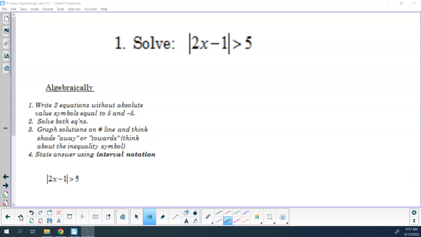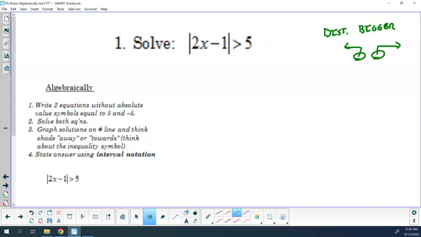We want that distance to be bigger. So that's what our graph's going to look like at the end, right? Now we just got to figure out these two numbers right here and those two.